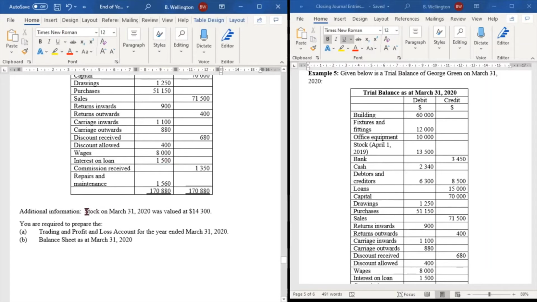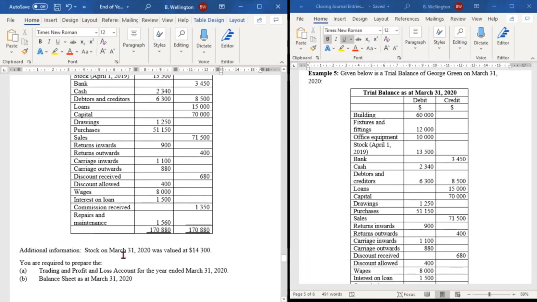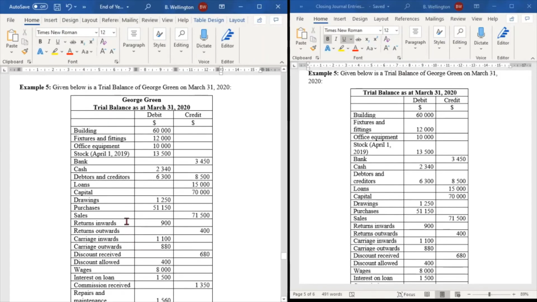The closing stock was arrived at by doing a stock take on the 31st of March. Okay, so it had not yet been included in the accounts. All right, remember we did a journal entry that brought the closing stock into the books. Okay, so don't forget, don't leave it out in our calculations. We're going to need it.